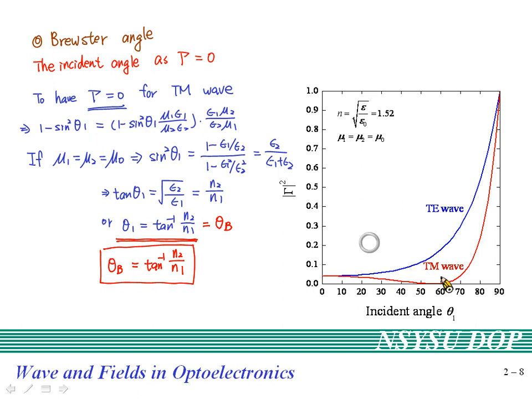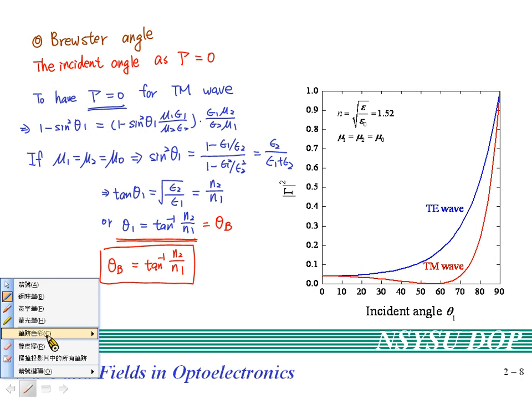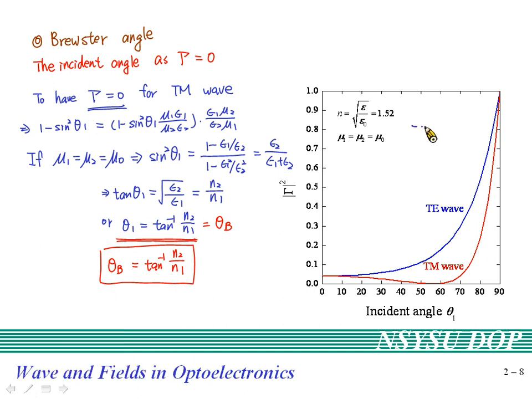The figure on the right-hand side shows you the power reflection for the TE wave and the TM wave incident to the plane dielectric interface with the material index defined here. Clearly you can see that we have a plane dielectric interface, and above is N1, which is 1.